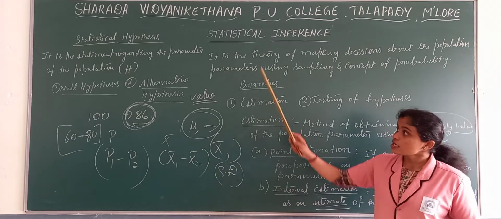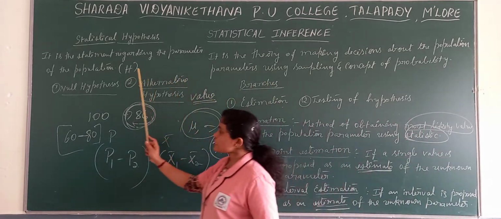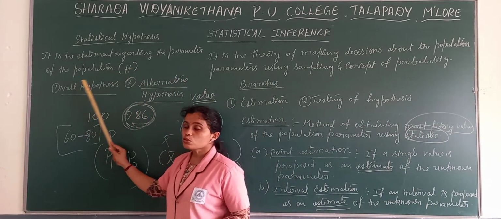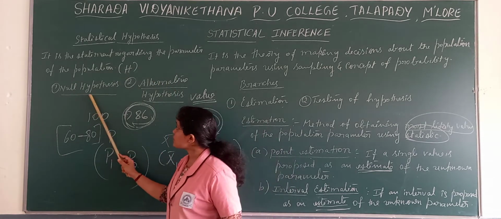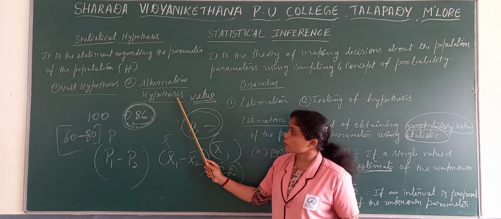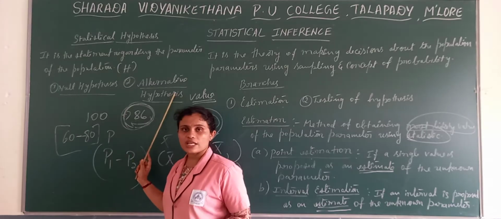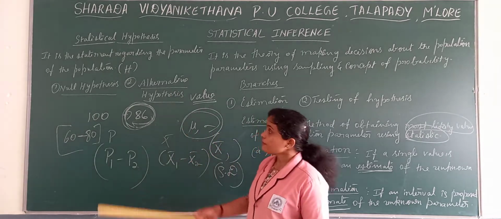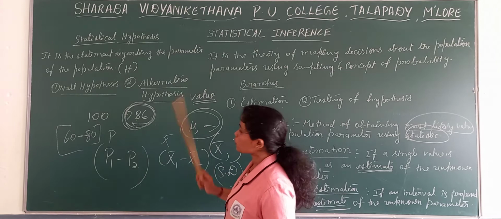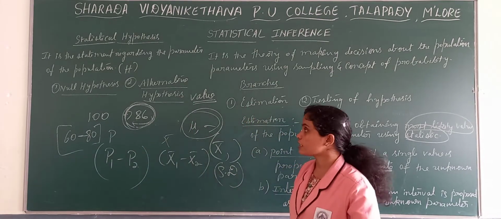In case of statistical hypothesis, these hypotheses are divided into two categories, null hypothesis and alternative hypothesis. We'll discuss further what is null hypothesis and what is alternative hypothesis.